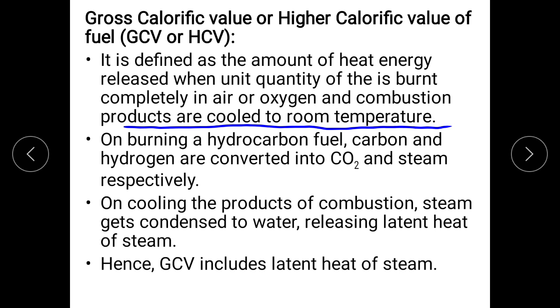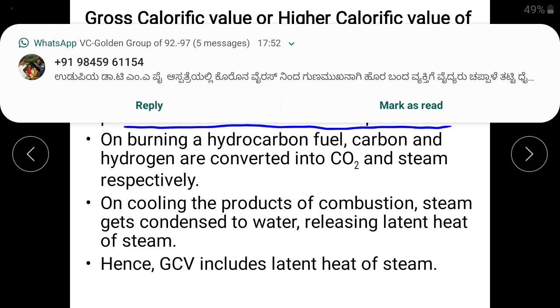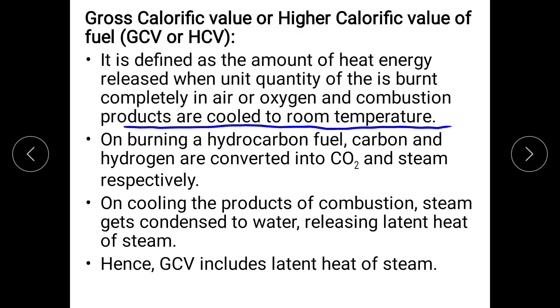When steam gets condensed into water, it releases some amount of heat, and that heat is called latent heat of steam. Latent heat of steam is nothing but the amount of heat energy released when unit quantity, meaning 1 kg of the steam, is allowed to undergo condensation. Now GCV includes latent heat of steam.